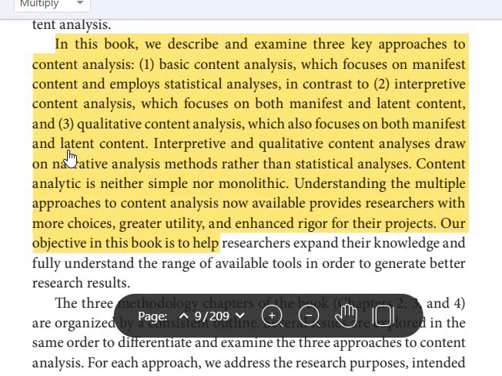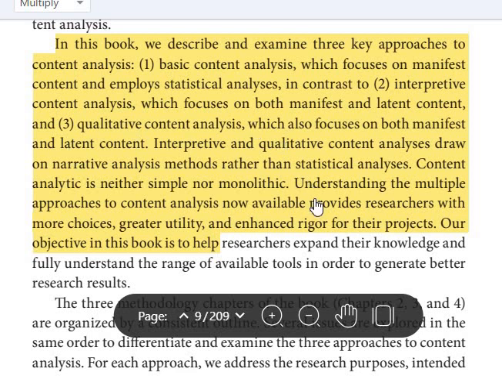They're mainly focusing on narratives, because you're focusing on the latent content. So you can think of the second and the third as both qualitative. However, the first one is quantitative, and we will talk about this later.